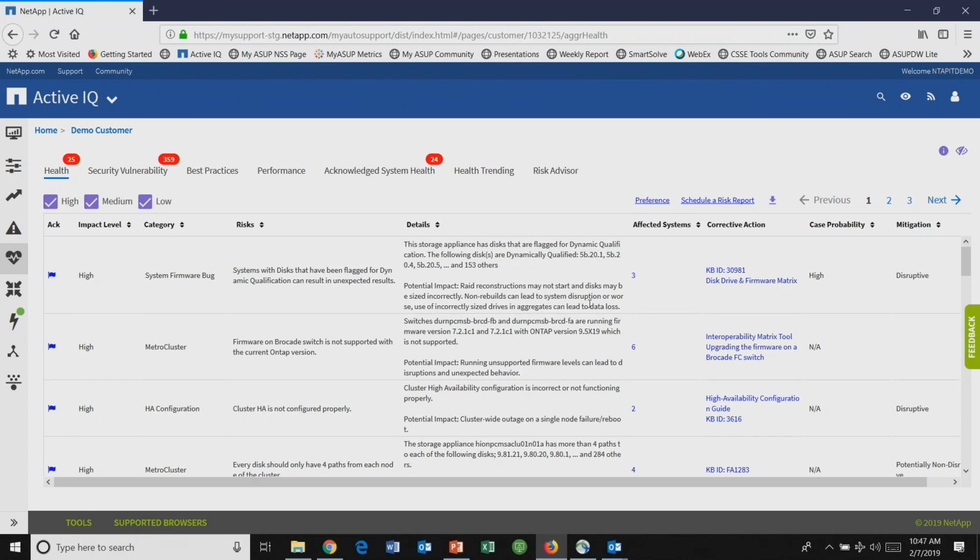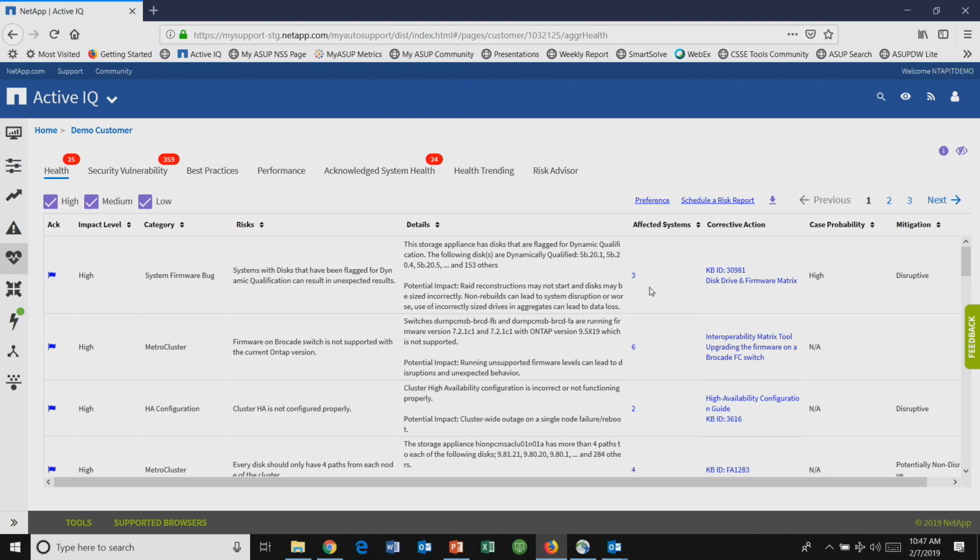But the most important part is he also has the corrective actions to be able to go off and mitigate these risks. So this is a really good overview for him to dig into this risk and mitigate this. And he has all the information that he needs to be able to mitigate these risks.